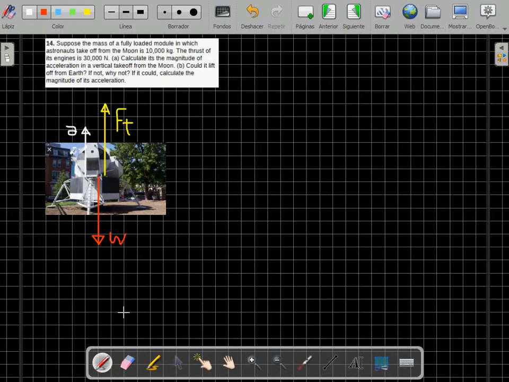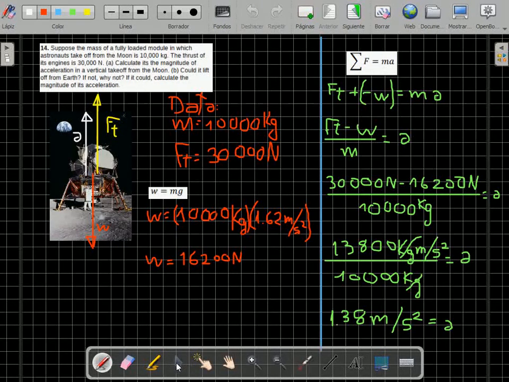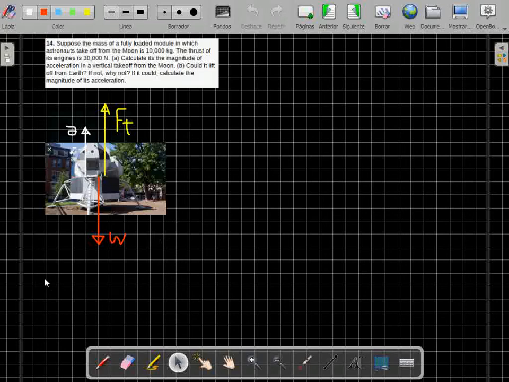Once again, we don't have the value of the weight on Earth, but we can calculate that with the previous formula that we already used, which is the mass times the gravity. But this time, the value of g is not going to be equal to 1.62. This time it's going to be equal to 9.8 because we're working on Earth.